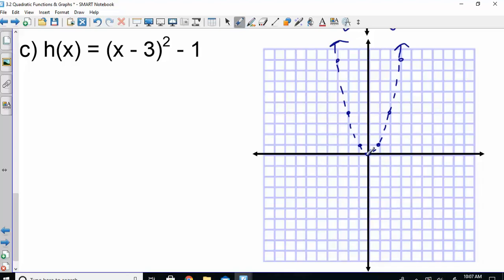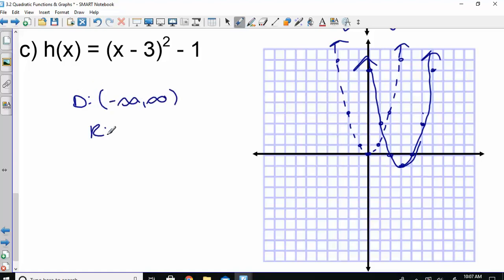Down 1, right 3. So where does your vertex end up? 3, negative 1. Is that a maximum or a minimum? What's my domain? Range?